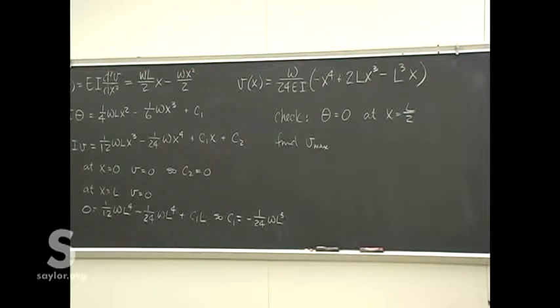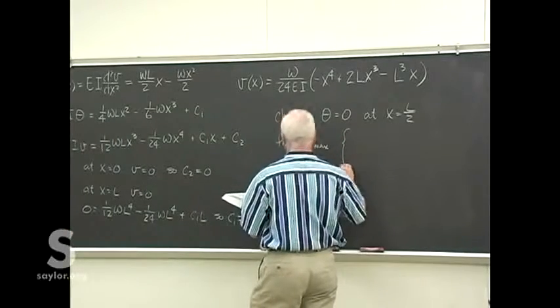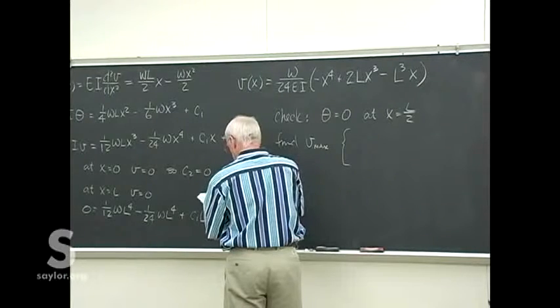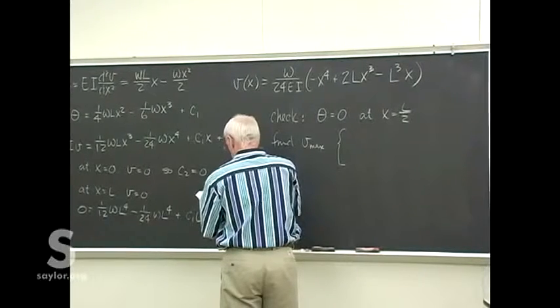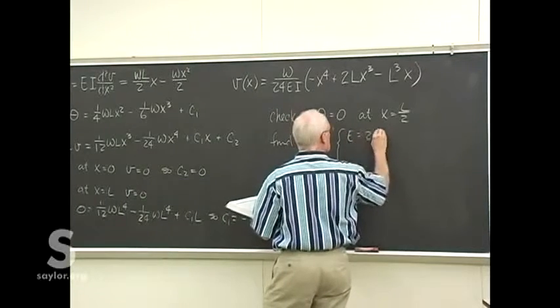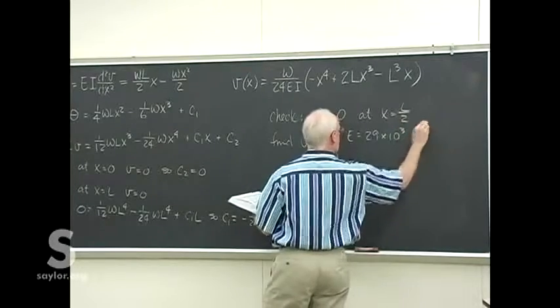Travis, what's your choice? English or metric units? We'll just pick up some numbers here. English. All right. So steel in English units. We need E. We'll just call it 29 times 10 to the third KSI.